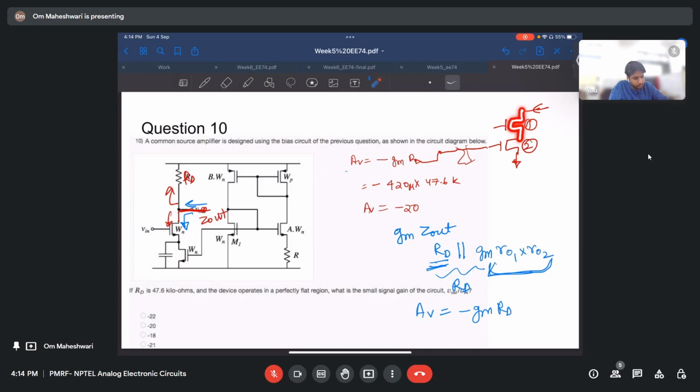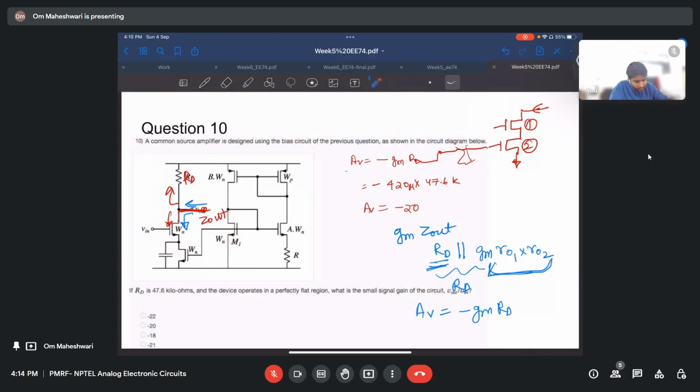These are two transistors in a cascode. This capacitor does not mean it is diode connected. No, sir, I'm talking about M1, sir. M1 and these above current mirrors. M1 is diode connected, right? Yeah, M1 is diode connected.